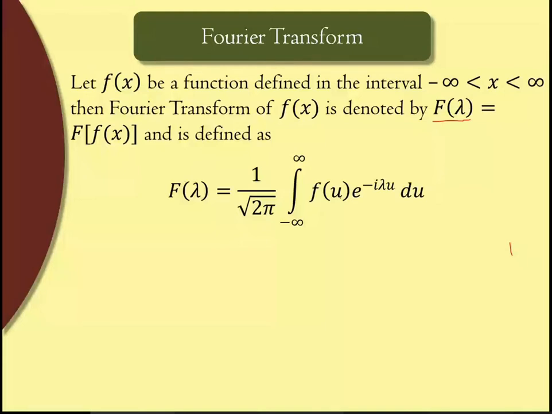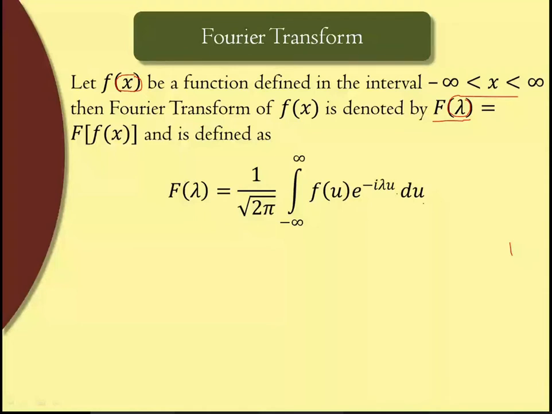Originally, we have a function in terms of x, and by using this transform, we get a function in terms of lambda. This conversion is done by using the Fourier transform, and the definition is this. It is in terms of integration: 1 upon square root of 2 pi, integral of f of u e raised to minus i lambda u du.